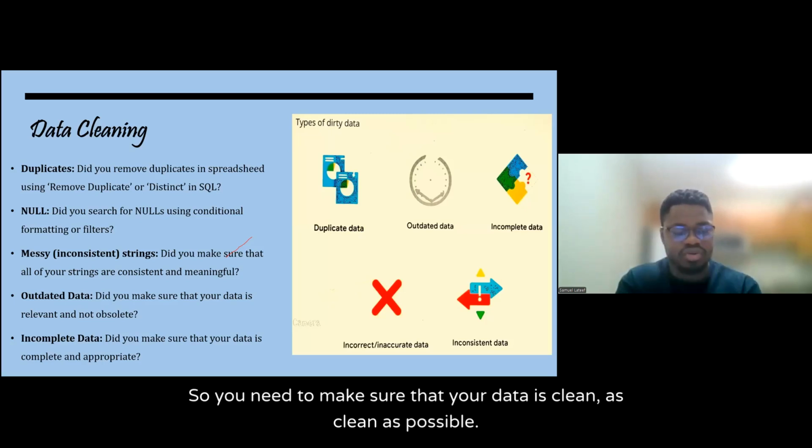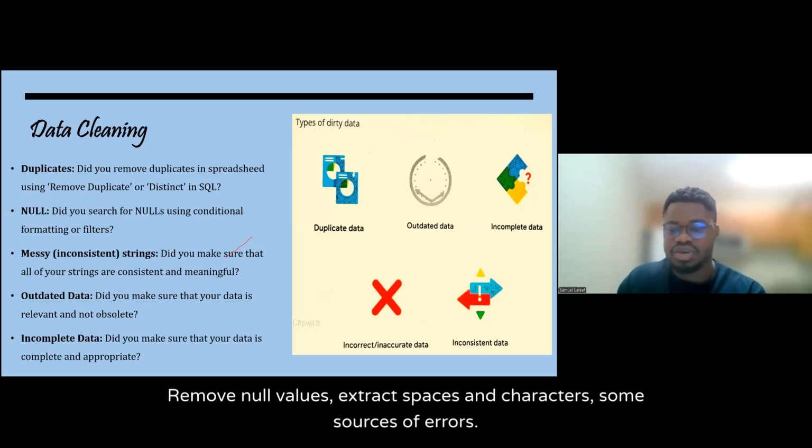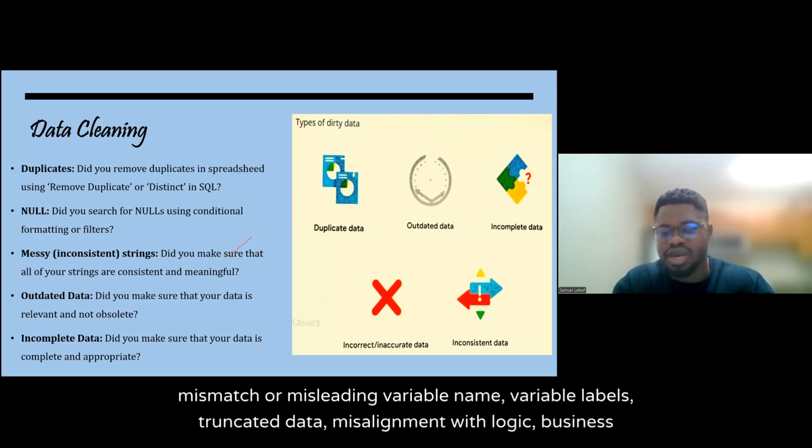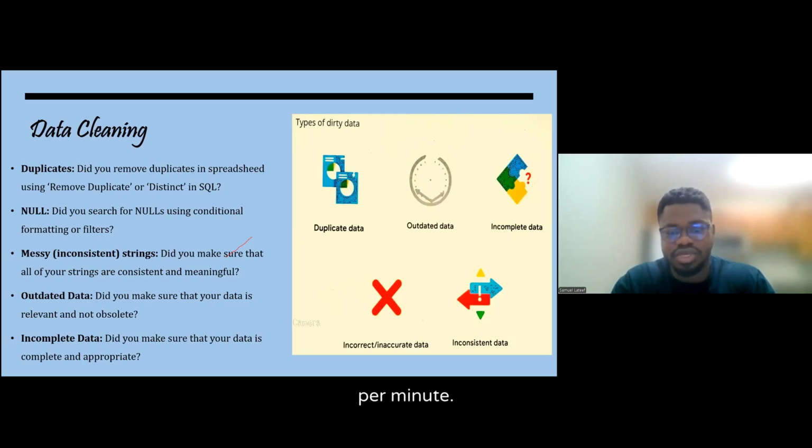You do all of these things: remove null values, extra spaces and characters. Some sources of errors are mismatched or misleading variable names, variable labels, truncated data, and misalignment with business logic. So if you're talking about health data, one of the pieces of information you might be collecting is heart rate per minute.